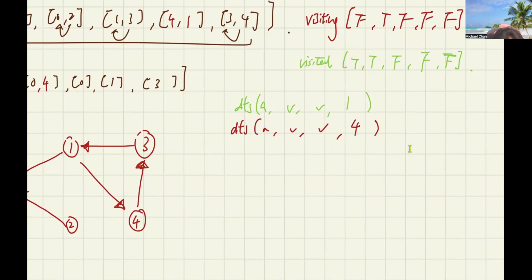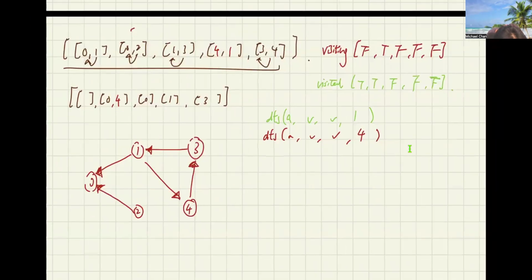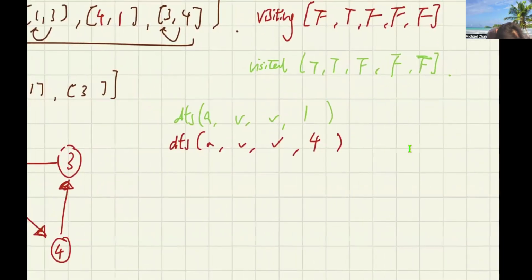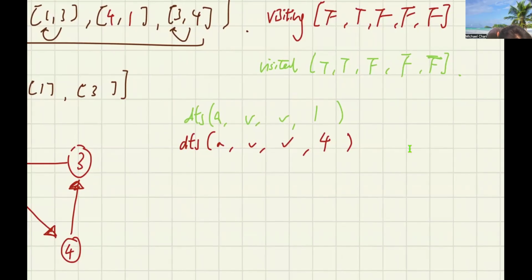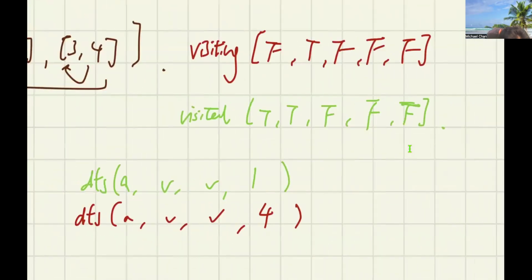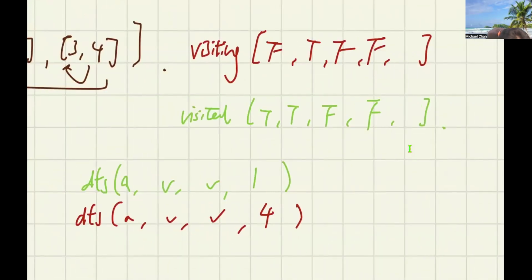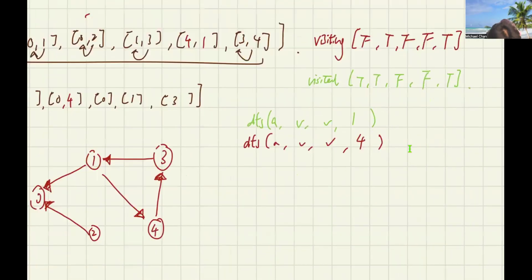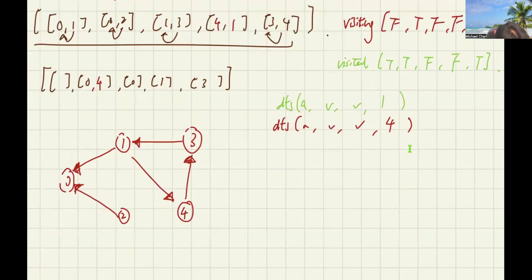And then now you pass in 4. 4 is false and false, right? As you can see, false and false. So what we do here is we set this to true, and then we set this to true as well. And then I'll pass in neighbors of 4.